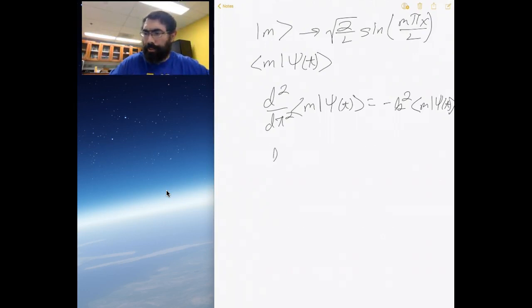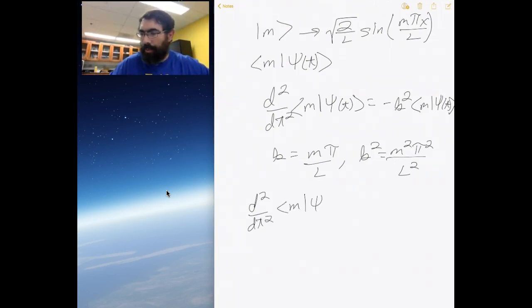Now k, we said, was m pi over L, so k squared is m squared pi squared over L squared. So we have this differential equation with respect to time: minus m squared pi squared over L squared, the original function back again, like so.